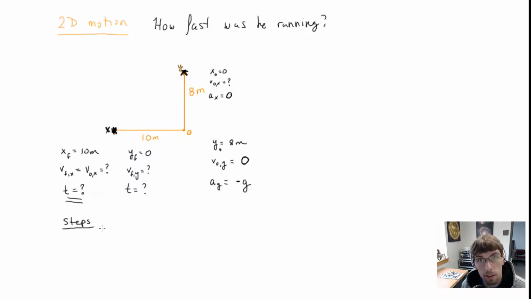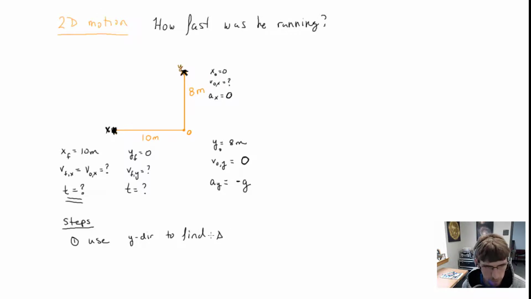It's the motion in the y direction. This motion dictates how long he's in the air for, and during that flight time, this motion dictates how far he travels. So what I really want is, step 1, I need to use the vertical motion, so the y direction information, to find delta t.